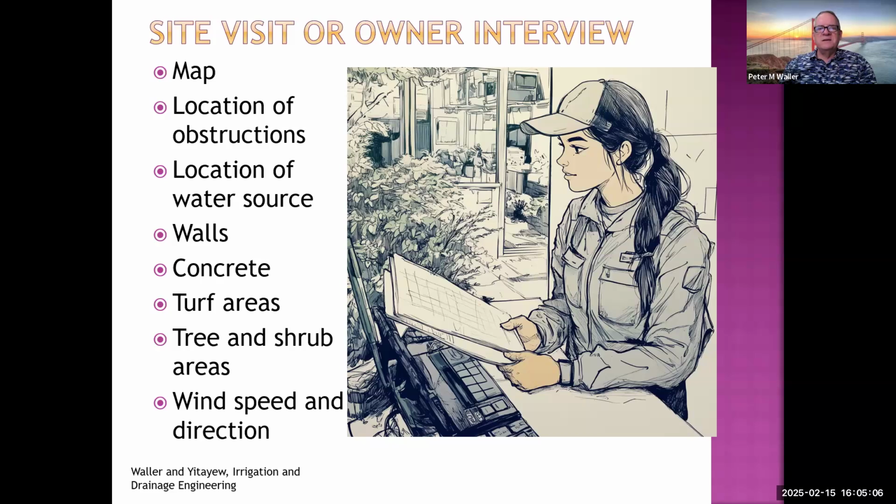And one thing about landscape architects is they do not design their landscapes based on the irrigation designer's needs. So then it might be quite challenging to place, as I showed in the previous video, the sprinklers so that you have an efficient and uniform application. Then, of course, you would draw in the tree and shrub areas. And one thing you should note is the wind speed and direction.